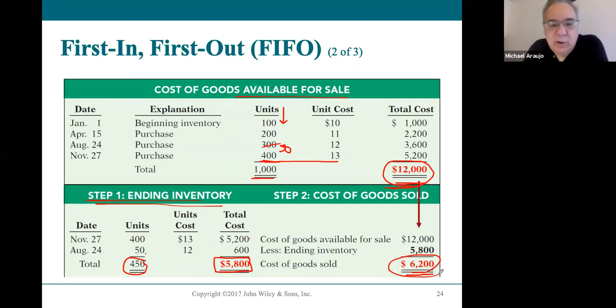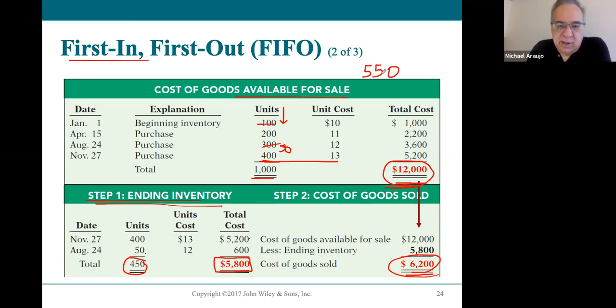Now, of course, in math, you can prove that number. So how accurate is the $6,200? Well, you know that 550 units were sold. Which ones were sold? Well, the first ones in were sold. So of the 550, these 100 have been sold, and these 200 have been sold.